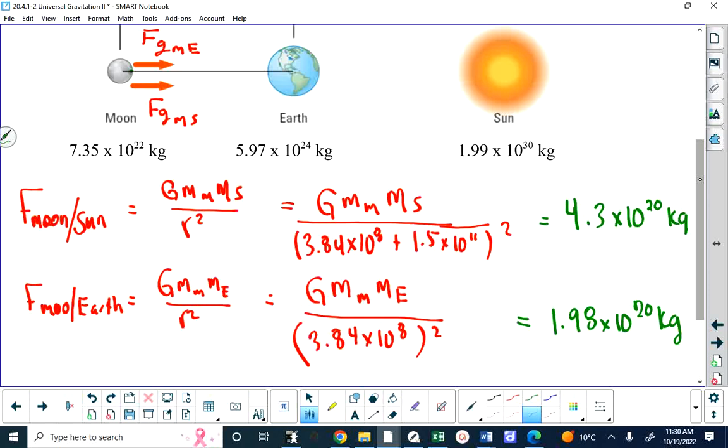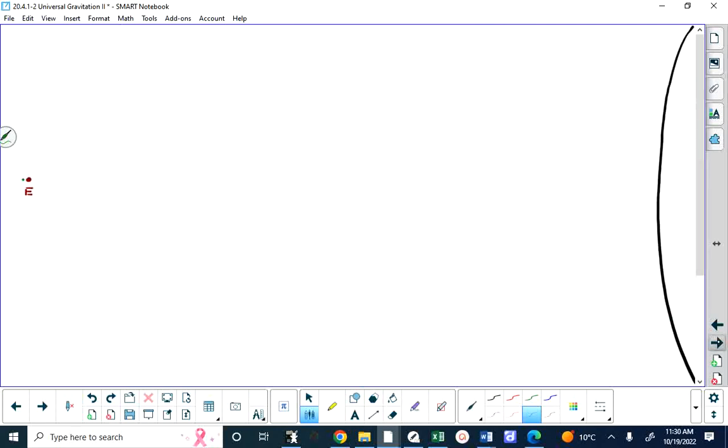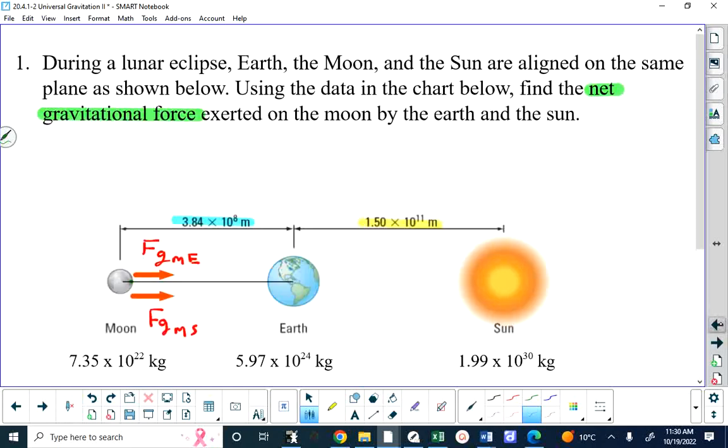We're okay then? Okay. So what's interesting about this, I don't like to just do these questions blindly and get numbers. I like to think about them. What's interesting is even though, look at where the sun is compared to the moon. Even though it's so much further away, and the inverse square law says the force should be a lot less, because of the almost unimaginable mass of the sun, it's hard for you to wrap your head around this number of kilograms.